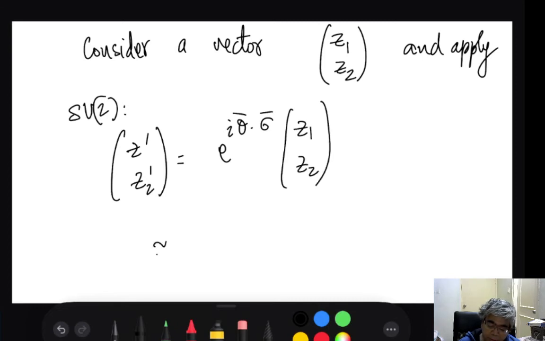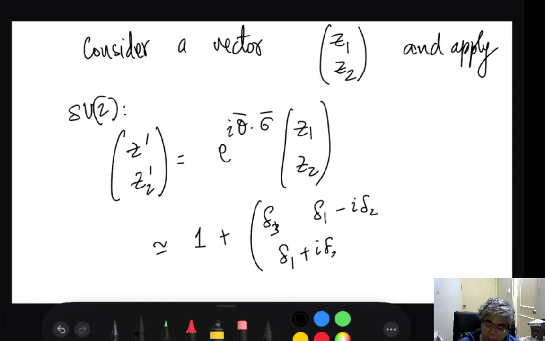This I know is an expansion around unity, with very small deltas: delta 3, delta 1 minus i delta 2, delta 1 plus i delta 2, minus delta 3, acting on Z1 and Z2.